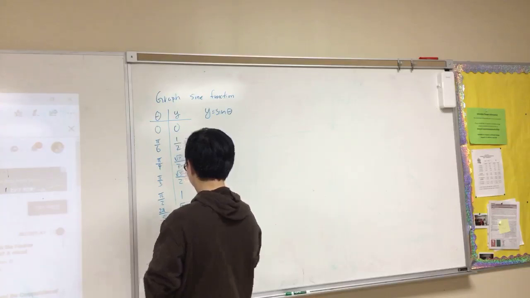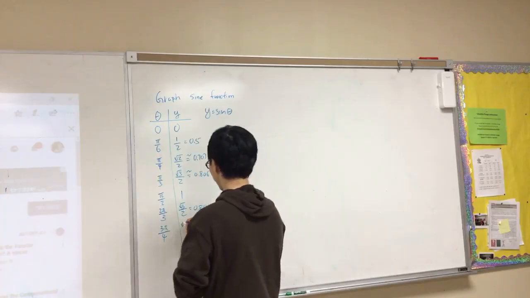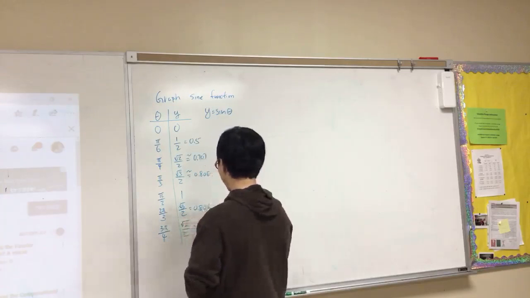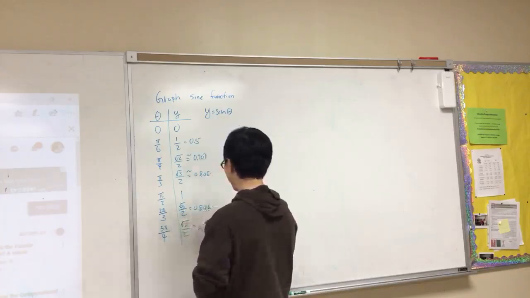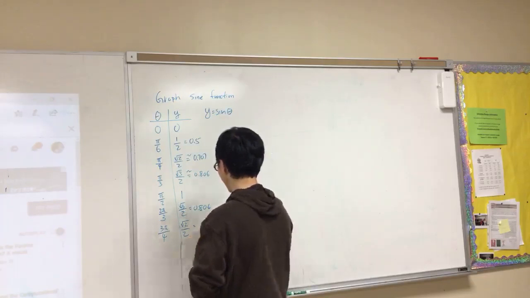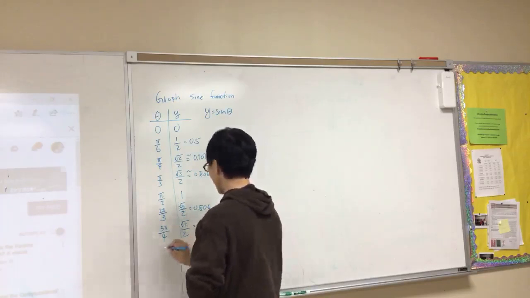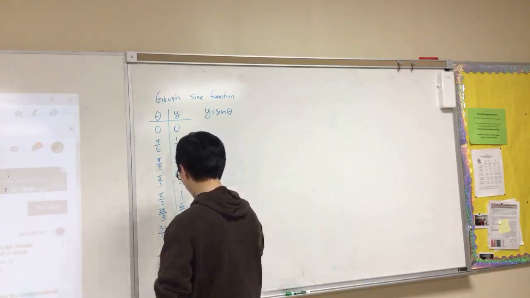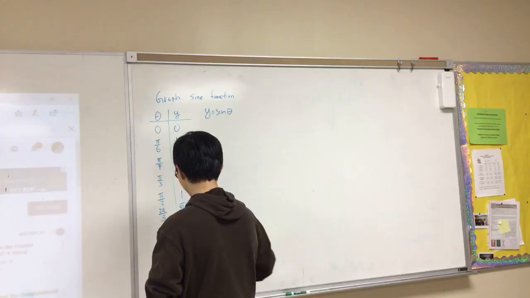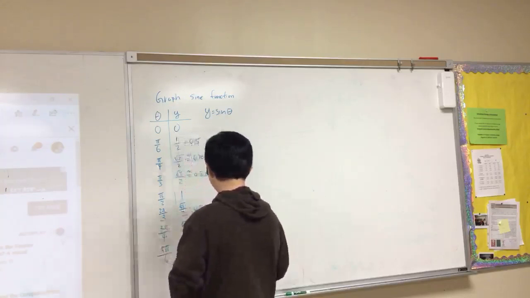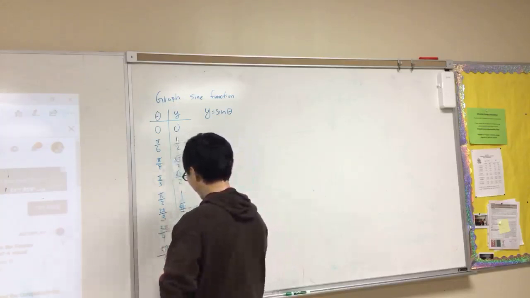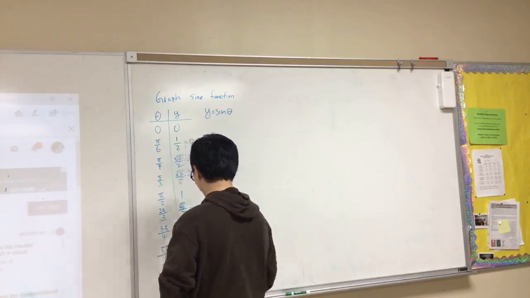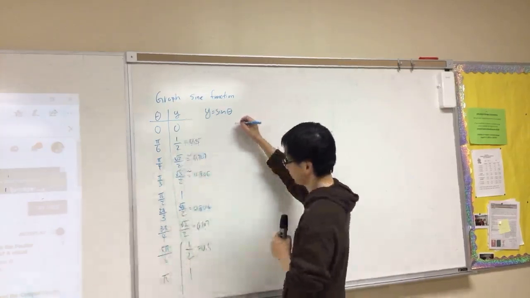What is it? Square root of 2 over 2, which is 0.707. Then 5 pi over 6 is 1 over 2, which is 0.5, and pi gives you 0. Are we okay here?